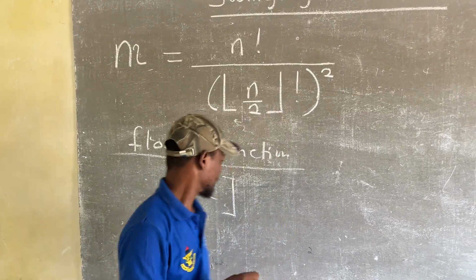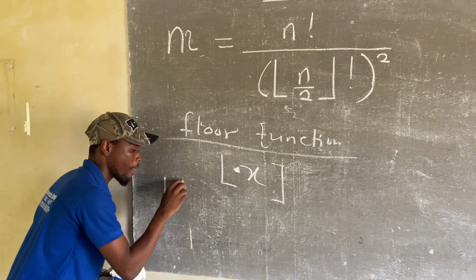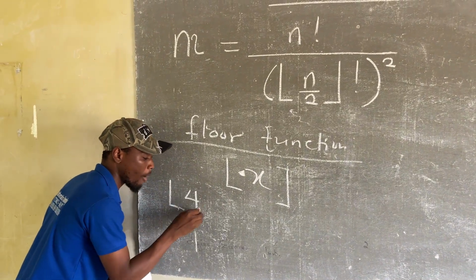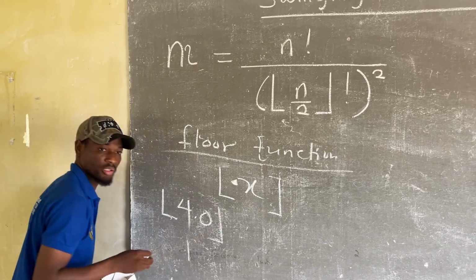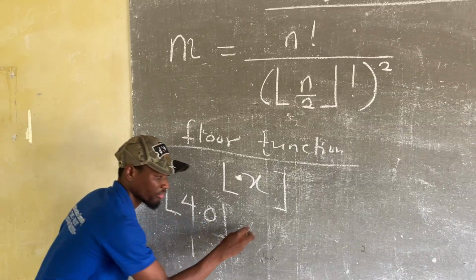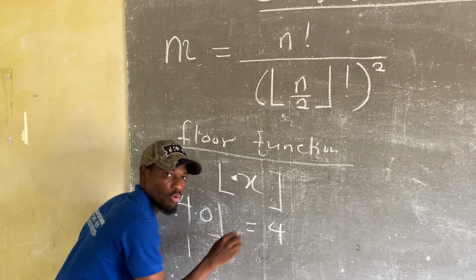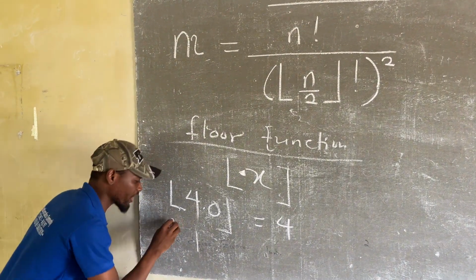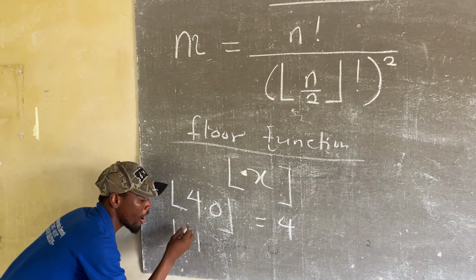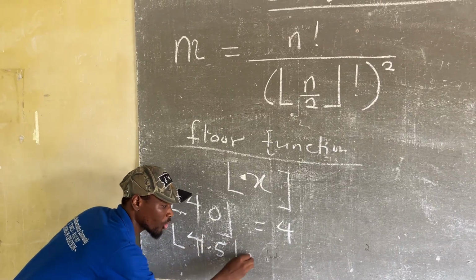What it means is this. If I have 4.0, the floor of 4.0 is simply you pick the whole number, which is 4. What about 4.5?